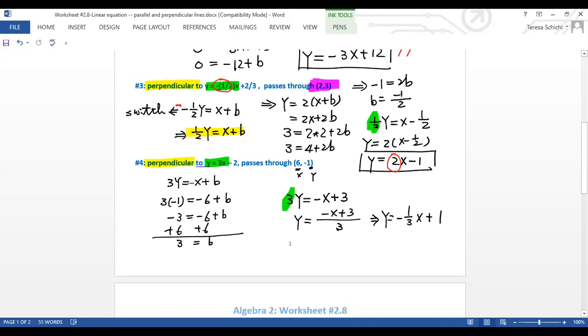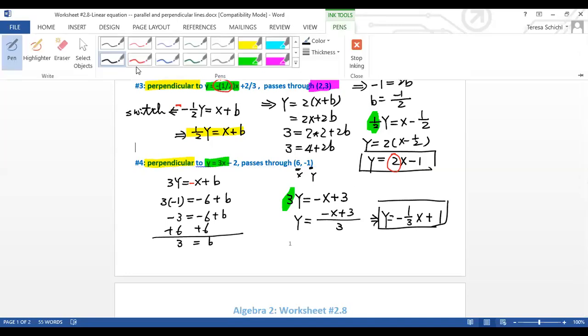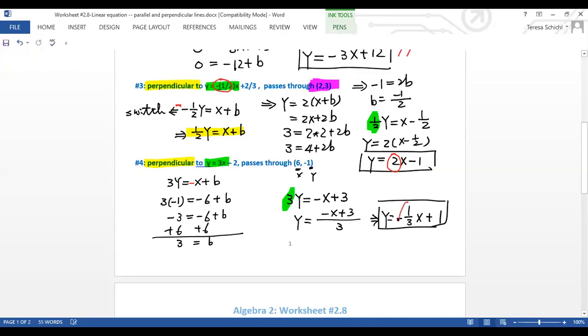So you need to divide by 3 both sides. See here, this is your final answer. Hey, if you want to check whether your calculation is correct or not, this slope is negative 1/3. This is 3. So 3 times negative 1/3 is negative 1. So that satisfies our definition here. Okay, that's it, all right?